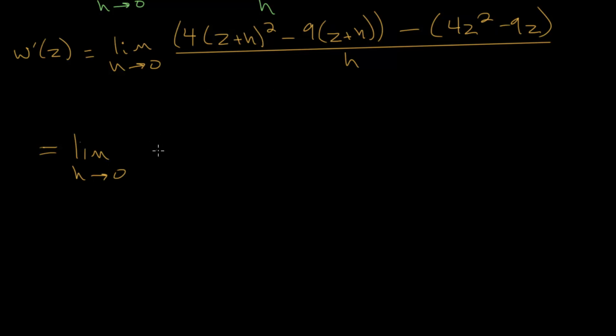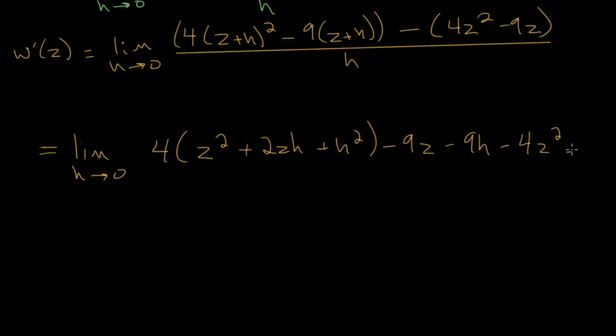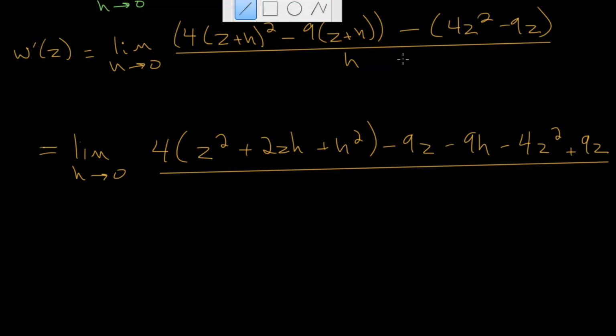It is a perfect square. We will have 4 multiplied by z squared plus 2zh plus h squared. And then we'll distribute this negative 9. We have minus 9z minus 9h. And we still have this part. We have minus 4z squared and plus 9z. And then all of that will be divided by h.